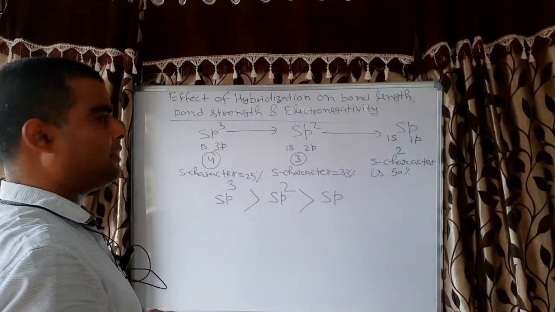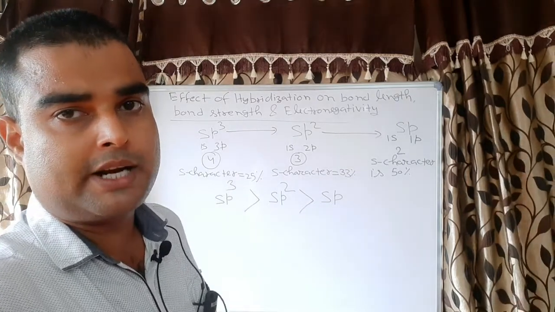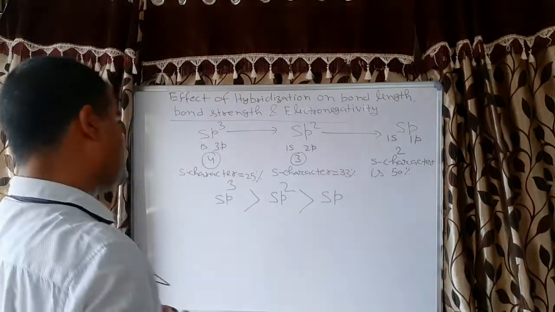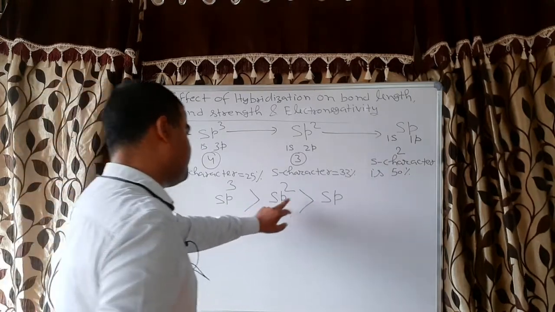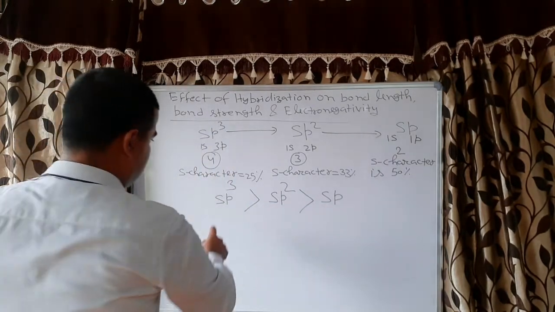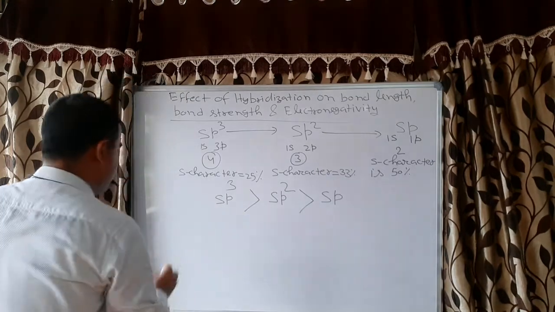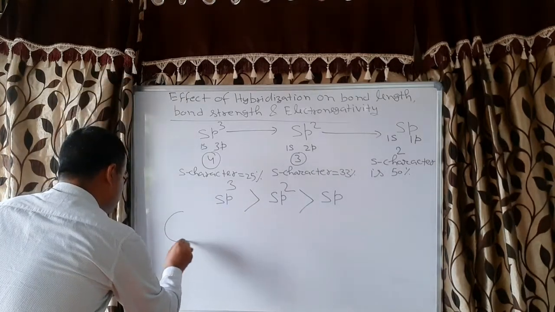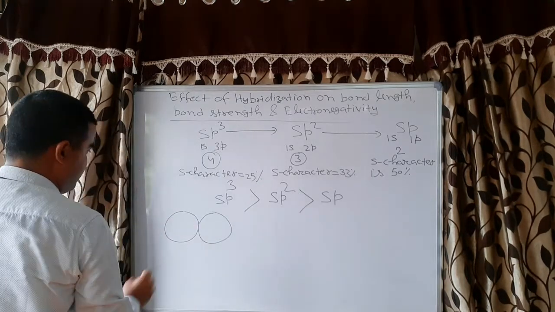Now come back to the beginning. What I told you about the bond length: bond length is the sum of the atomic radius of two atoms. Correct? Now let us consider sp3, after that sp2, then sp. As the size of the sp3 hybrid orbital is bigger, let us consider this is the size of the sp3 hybrid orbital.